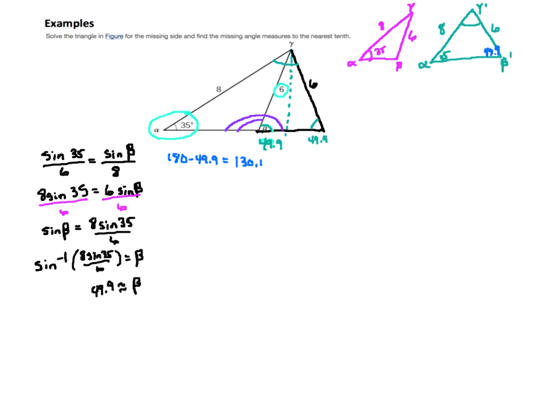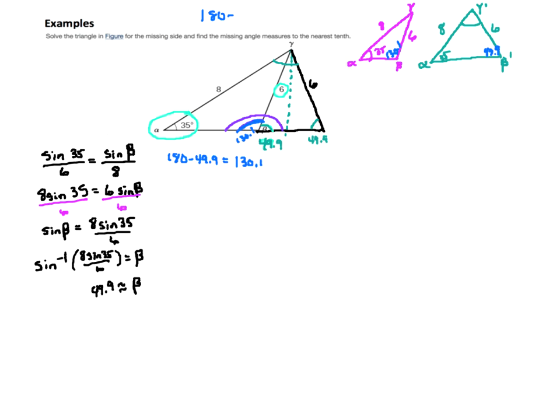So this angle right in here is 130.1. Now I can actually find the other angle in the pink triangle because I've got two of the angles, and I know the interior angles of a triangle add up to 180.